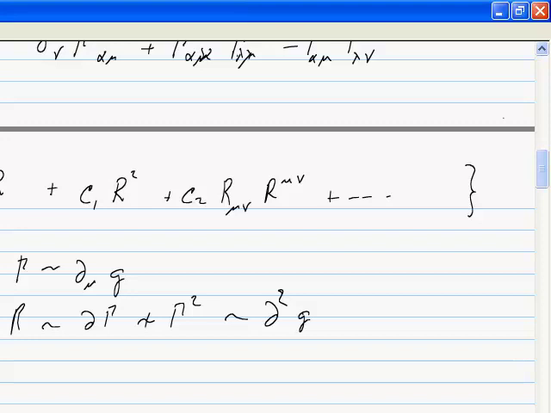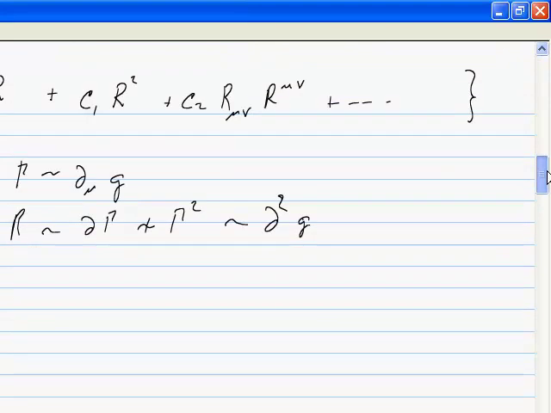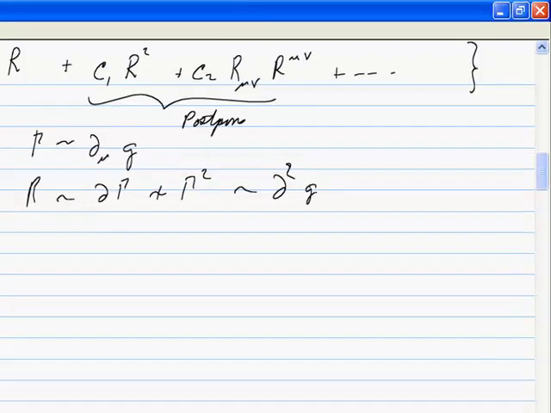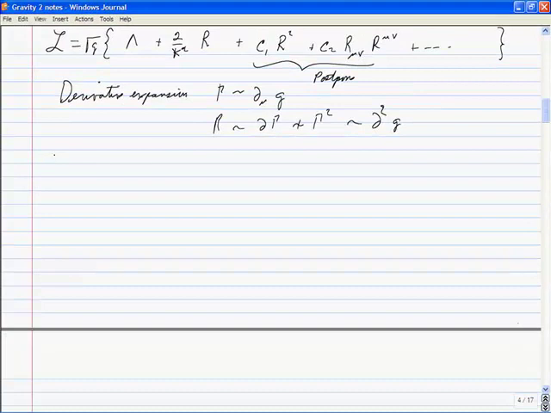So let's for the moment postpone these terms. I'll come back to them quickly. And keep the first term. With the first term you get the Einstein equation.